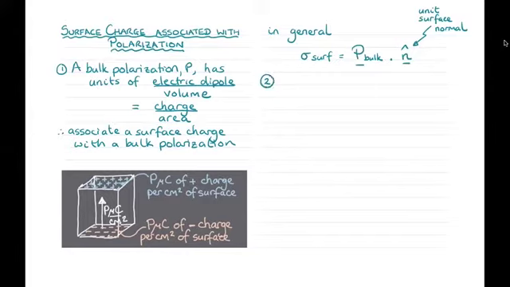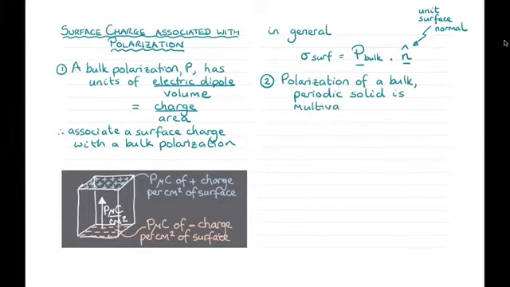Second point to remind ourselves of is the multi-valuedness of the polarization. So the polarization for a bulk periodic solid is uniquely defined, but it's a multi-valued quantity. We call it the polarization lattice.